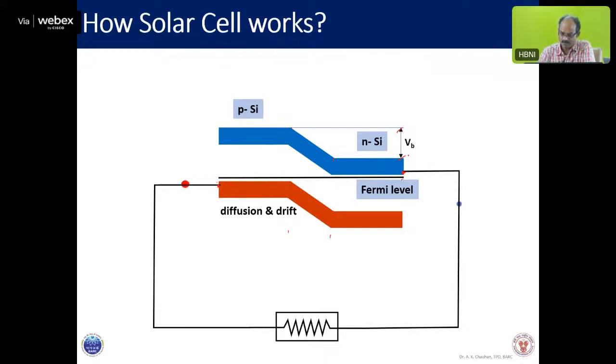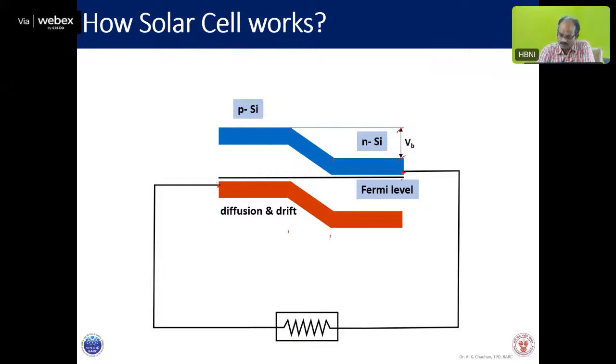Because of this built-in potential, the electron moves to this side to minimize the energy. Similarly, the holes first move to the junction, then towards the depletion region, and then they move this side. And the electron moves through the external circuit.